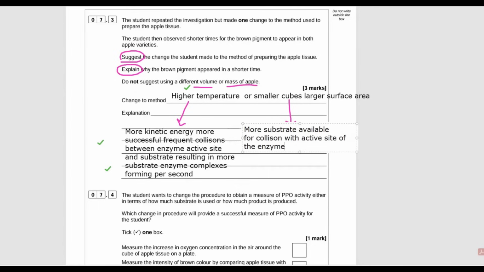So more substrate available, more surface available for collision with the active site of the enzyme. And again, more, I'm just going to put ES complex, guys. I can't be bothered to type that out. More ES complex form. There we go. And so that is your 3 marks there. Surface area, more substrate available for collisions with the active site of the enzyme. So more enzyme substrate complexes form. And there we go. That's 3 marks.